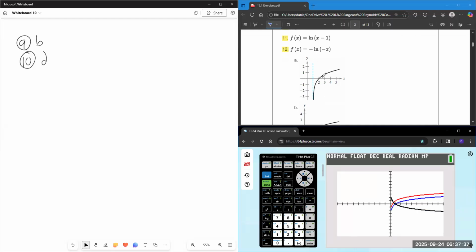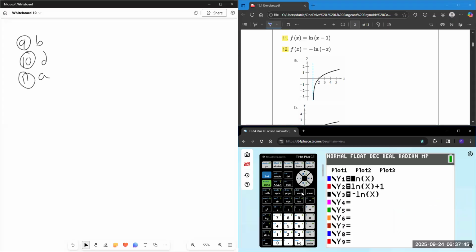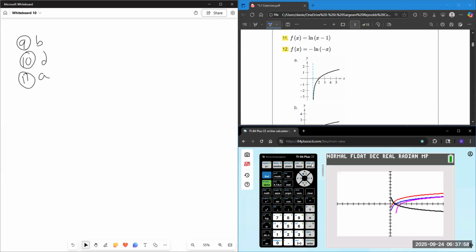So x equals 1 with an x-intercept at (2, 0), that's A. So y equals ln of, and in parentheses, we have x minus 1. That's our horizontal shift there. And there's our magenta one there. That's number 11. See how it shifted over to the right.